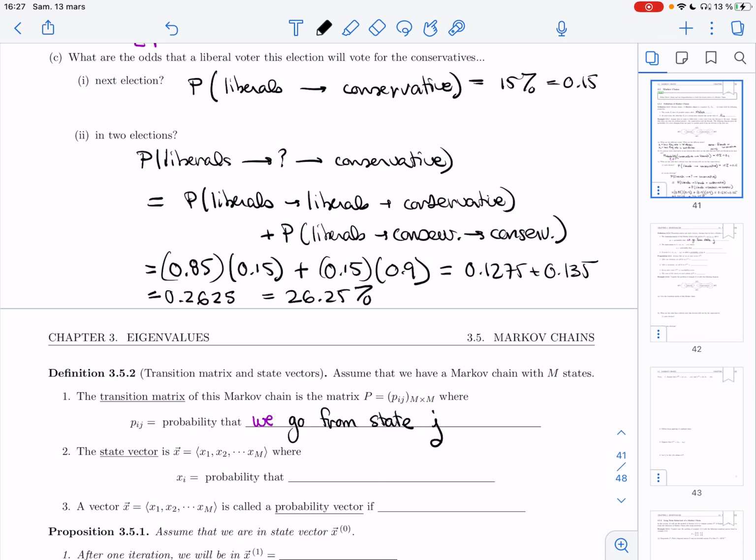So the column determines where you start, state J, to state I, and the row determines which state you land in. This is just to make sure that we can multiply by the vectors on the right, not the left.